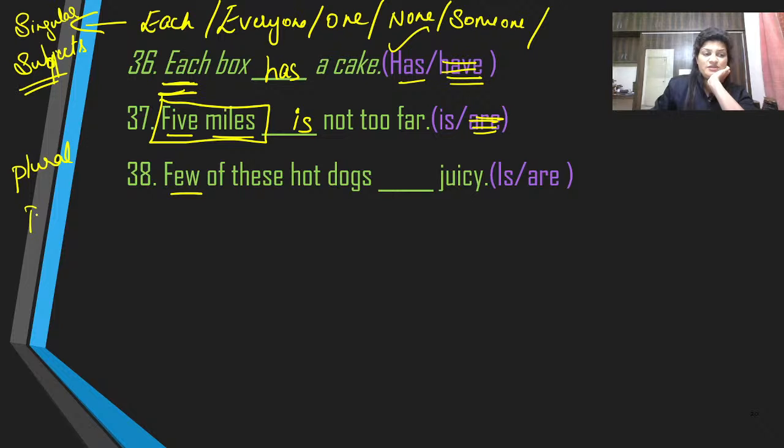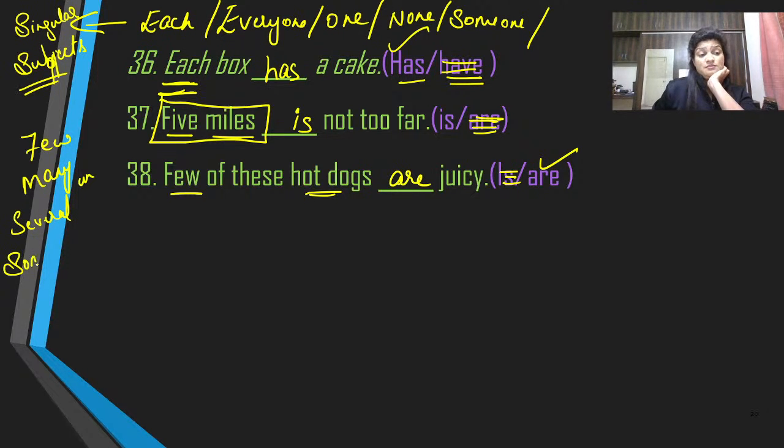Therefore, you go with are, and also hot dogs. Even if there is a confusion, you wouldn't actually confuse yourself with that. Therefore, the answer is are. Few, many, several, some, all these are plural indefinite pronouns.